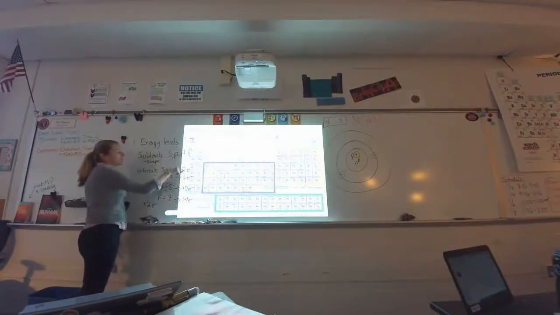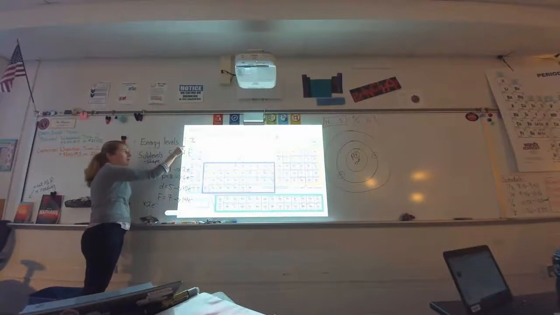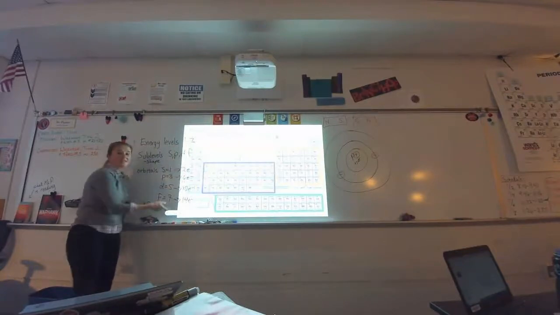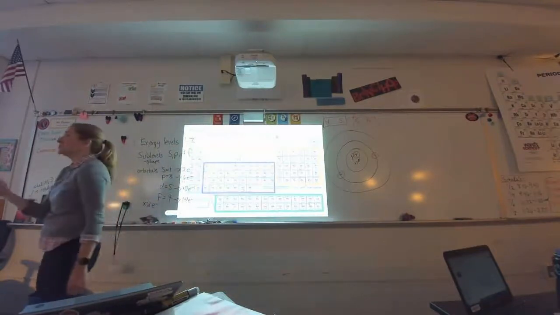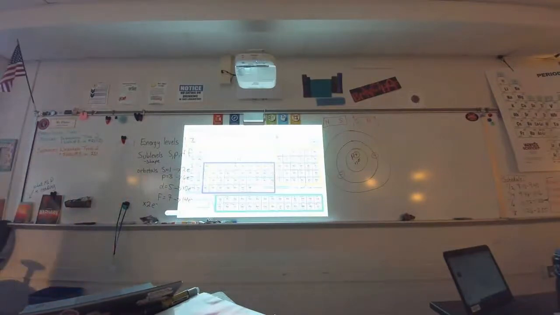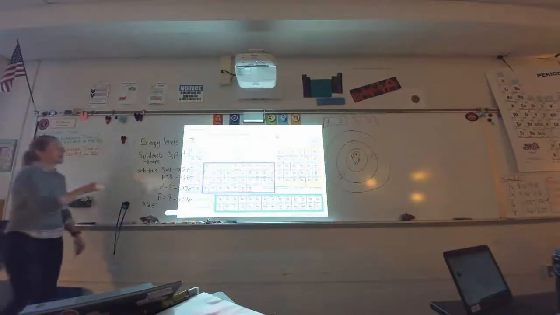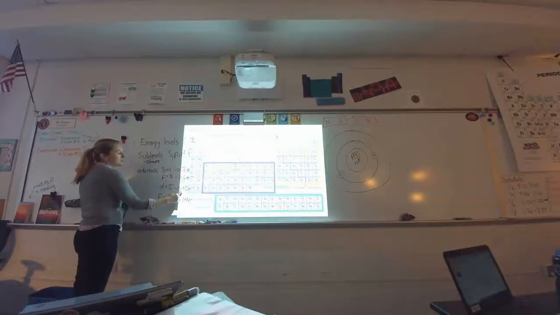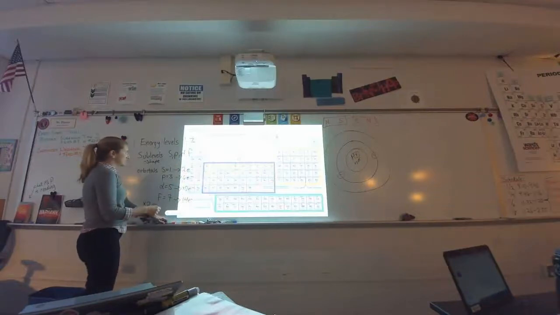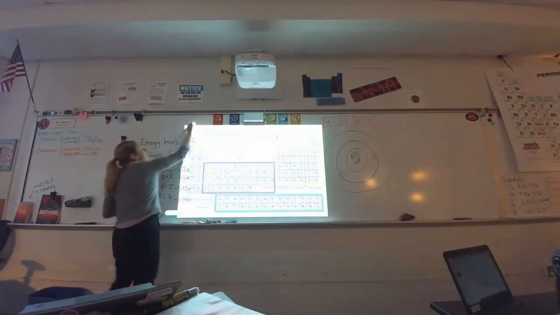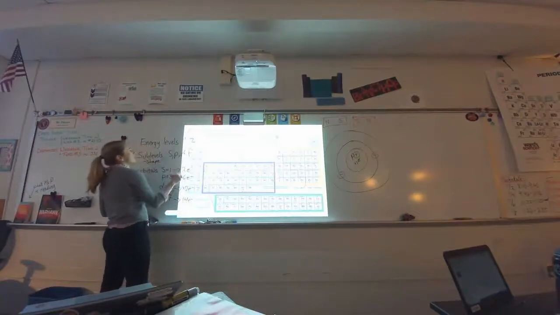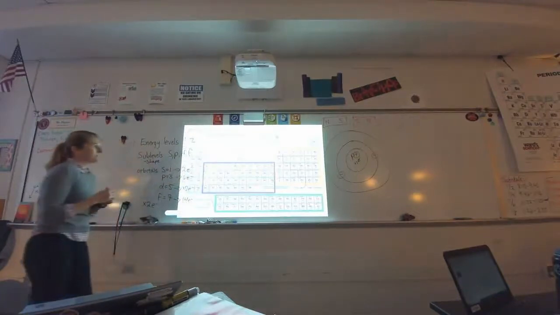First off, our energy levels are right there: 1, 2, 3, 4, 5, 6, 7. On most of the periodic tables, whether it's the original one I gave you, this green one you borrowed, or the blank one you have right now, you see the numbers written along the side. These numbers are our energy levels.